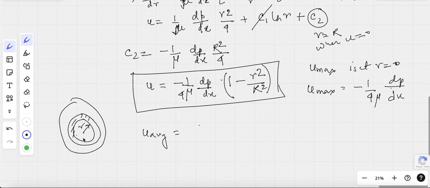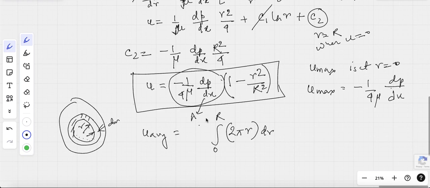This is a thin strip of thickness dr. So the flow rate would be the integration from 0 to R of 2 pi r times u dr. This is the area, and this flow would be, if I'm considering some constant, right?